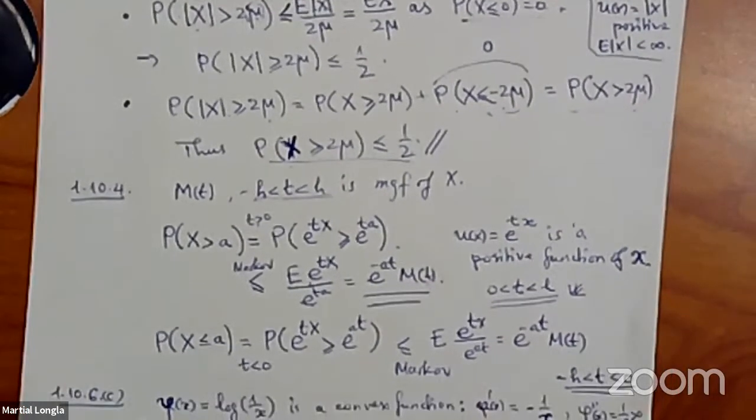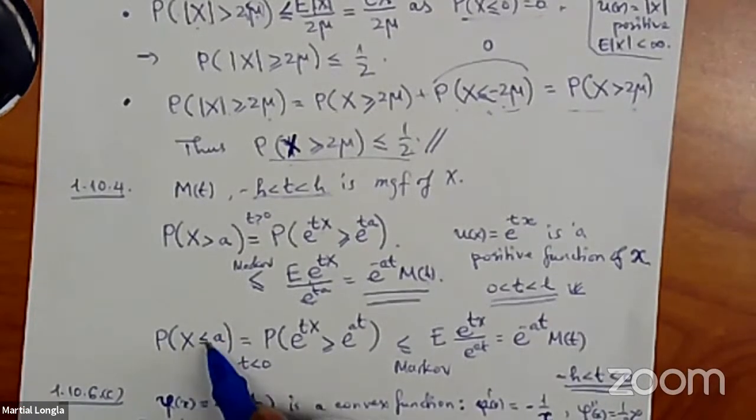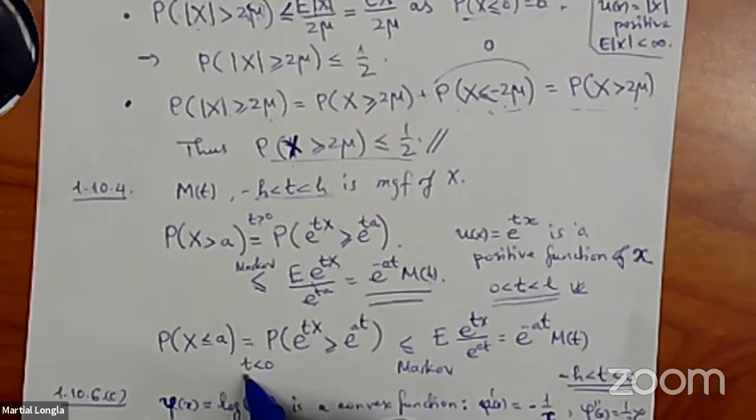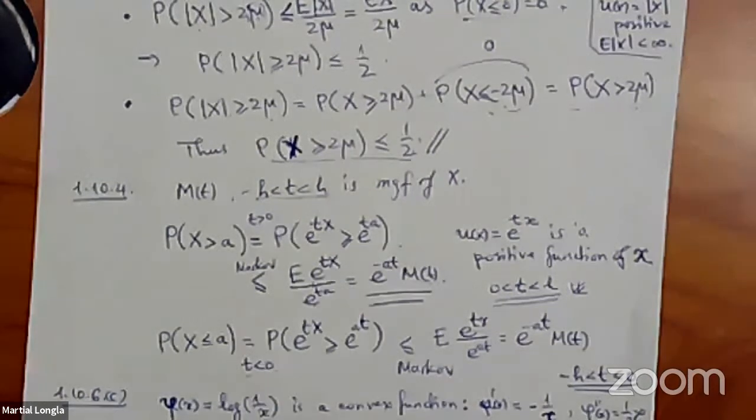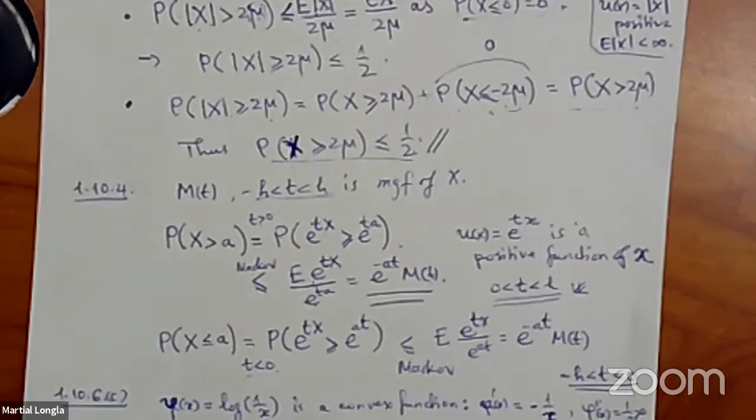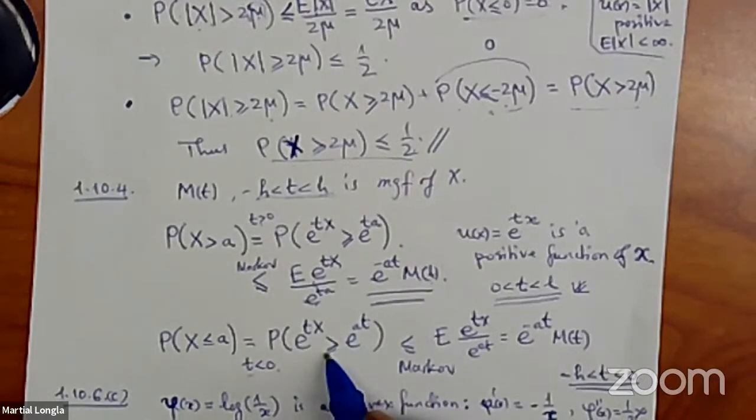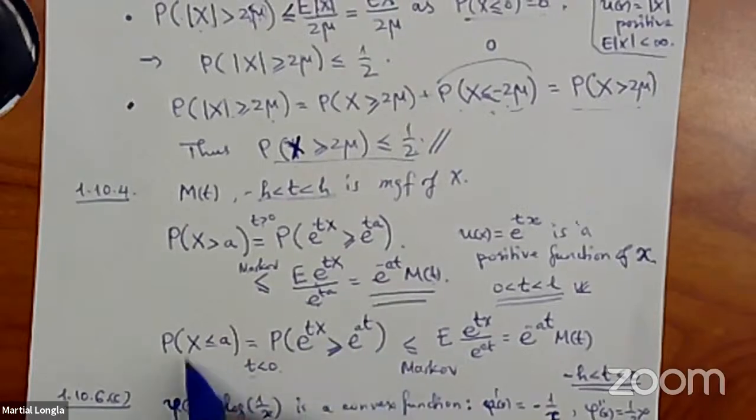For the next one, you got probability that x is less than or equal to a. When t is less than 0, exponential tx is decreasing. Therefore, the order of the inequality changes when you take exponents on both sides.